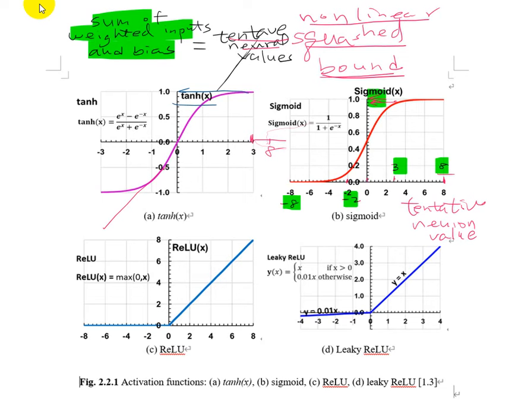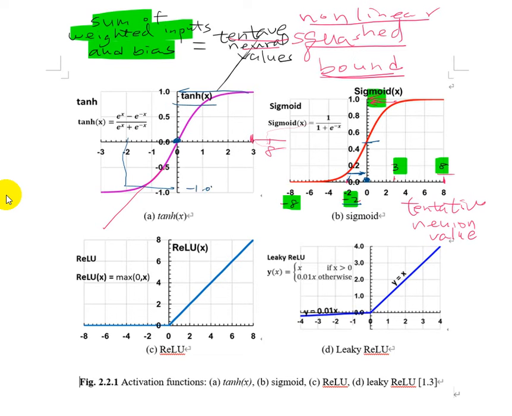If you have 0 on the x-axis, you're going to have around 0.5 with sigmoid, and 0 with tanh. If you have -2 on the x-axis, you have around 0.1 for sigmoid, and about -1 for tanh.